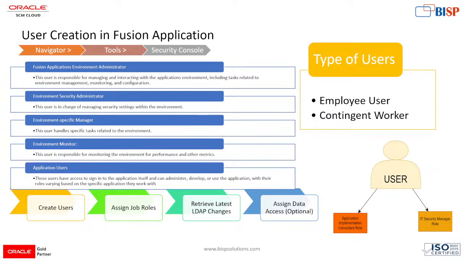When assigning the data access, factors such as the user role, that is accounts payable manager, and the security context, which will be your business unit, should be taken into consideration to ensure that proper access controls are in place.